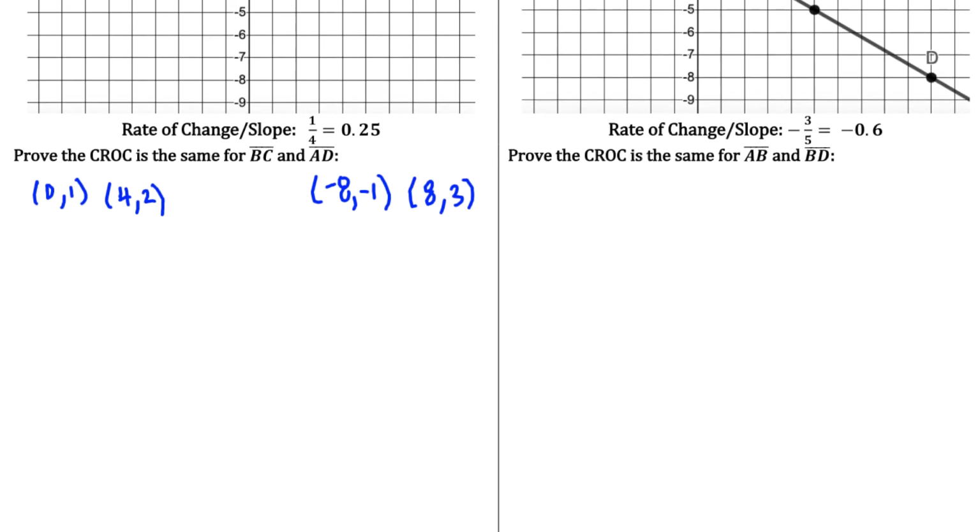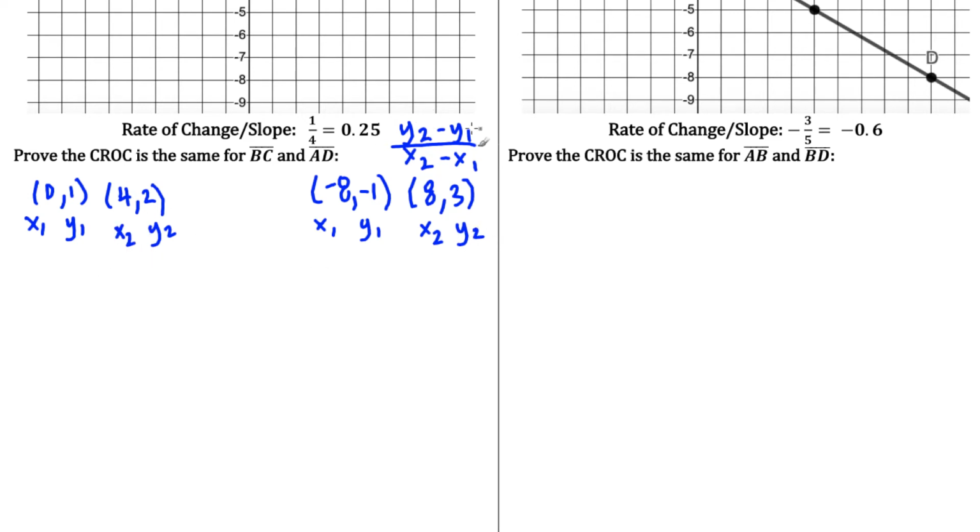To show their equivalent slope, I'm going to use the formula, which is y2 minus y1 over x2 minus x1. So for these 2 points, this would be x1, y1, this is x2, y2. And for these 2 points over here, this would be x1, y1, this would be x2, and the 3 would be y2.